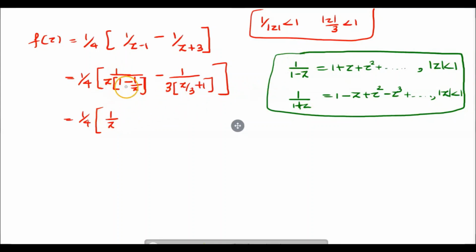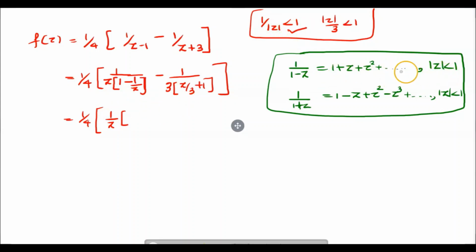Always remember these two series. For this, 1 by 1 minus 1 by z, instead of z we have 1 by z here, and the modulus of 1 by z is less than 1, so we can use this series.